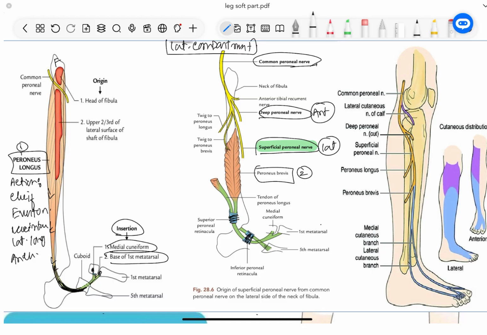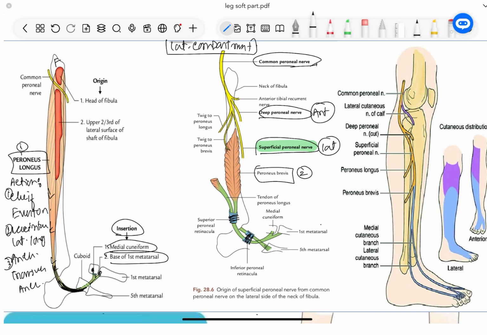The medial longitudinal arch is maintained by the tibialis anterior, and the lateral longitudinal arch is maintained by the peroneus longus. It also maintains the transverse arch of the foot. So number one function is chief everter of the foot, number two is maintaining the lateral longitudinal arch, and number three is maintaining the transverse arch of the foot.